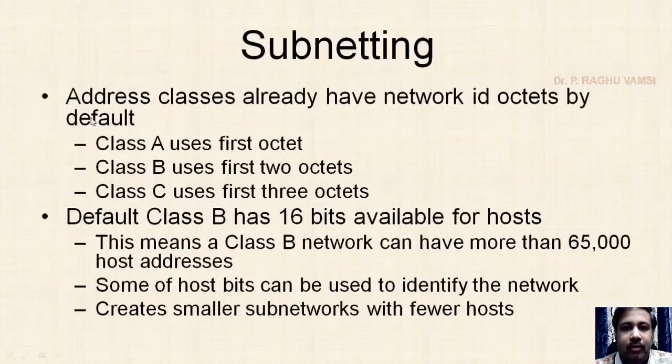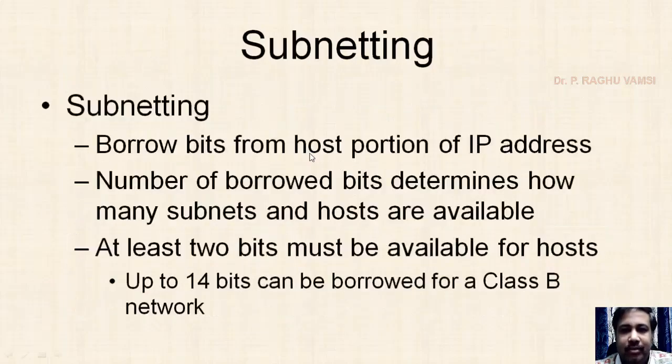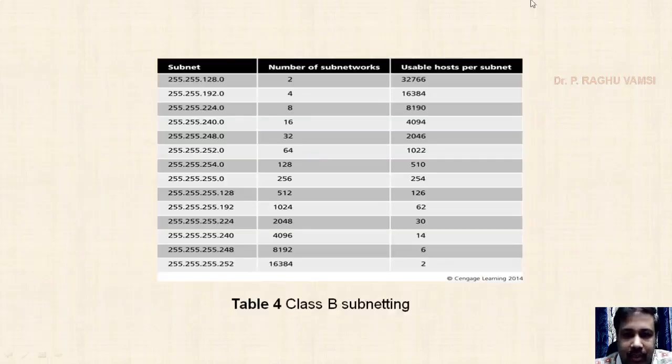So subnetting is especially used to identify what is the network part and what is the host part. If you look at class B subnetting, what is the subnet mask in the class B networks? 255.255.0.0.